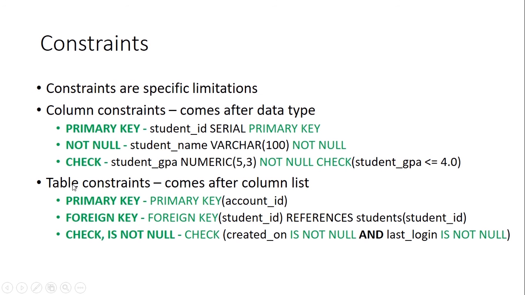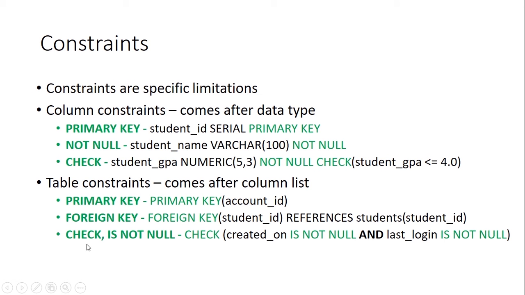Also, in terms of table constraints, table constraints come after the column list when we create a table. Like primary key, we can specify primary key is this specific column. Then foreign key, we can specify foreign key is this column, and it has references from this table's column, right?